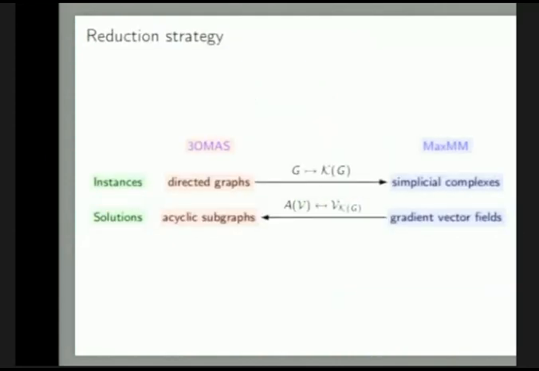So the reduction strategy is the following. You transform instances of 3-MAS, which are directed graphs, to instances of max Morse matching, which are simplicial complexes. So this is a function K, or you can call it a complex K_G.